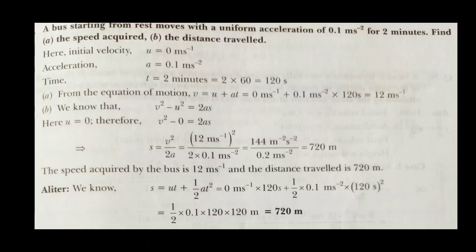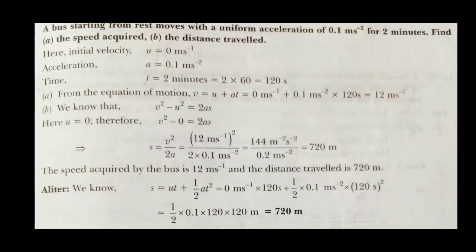For calculating the second part, we will use the third equation of motion, that is v square minus u square equal to 2as. So v square minus u square, with u being 0, is equal to 2as. As we have to find s, s is equal to v square divided by 2a.